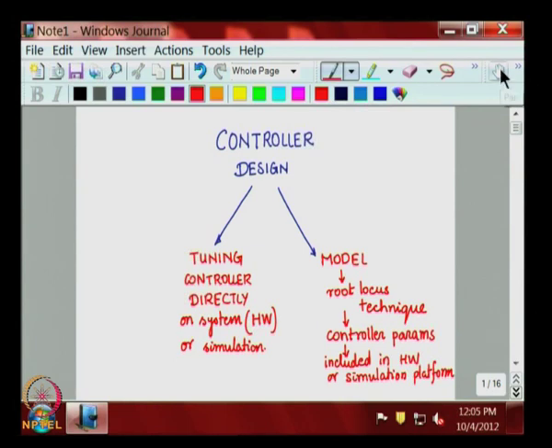Tuning the controller directly by trial and error is quite a popular method which is used by many people, because it does not involve doing a lot of maths and modeling, and it also handles many uncertainties and unmodeled dynamics, lack of our knowledge of the system.